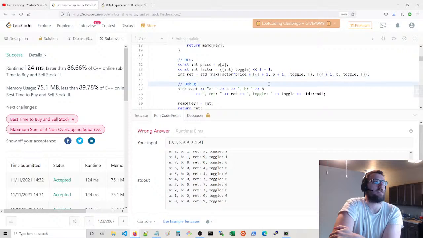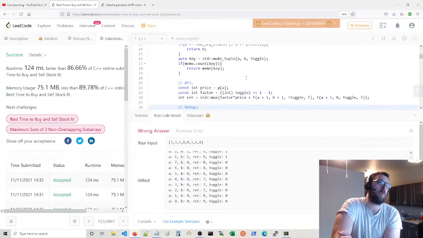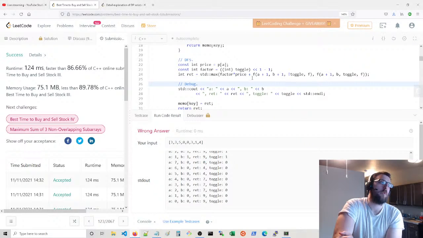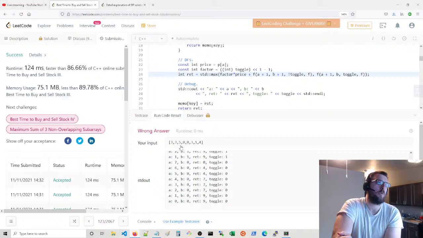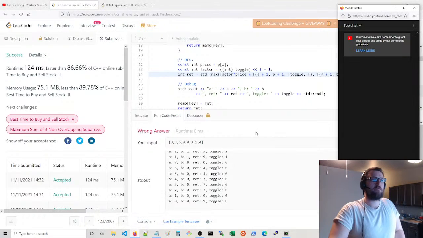Just thinking here. Just thinking. I guess what I'm wondering is maybe this includes buying and selling on the same day.